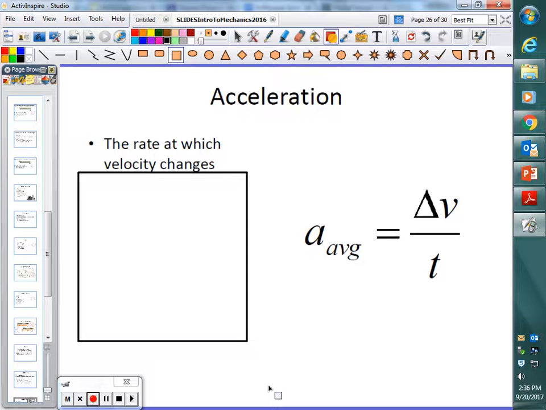Delta. So if the velocity is changing, it's what? Delta V, right? This is the rate at which velocity changes. Does that make sense? So acceleration is equal to delta V over T. Delta V over T. Okay? Does that make sense? Okay.